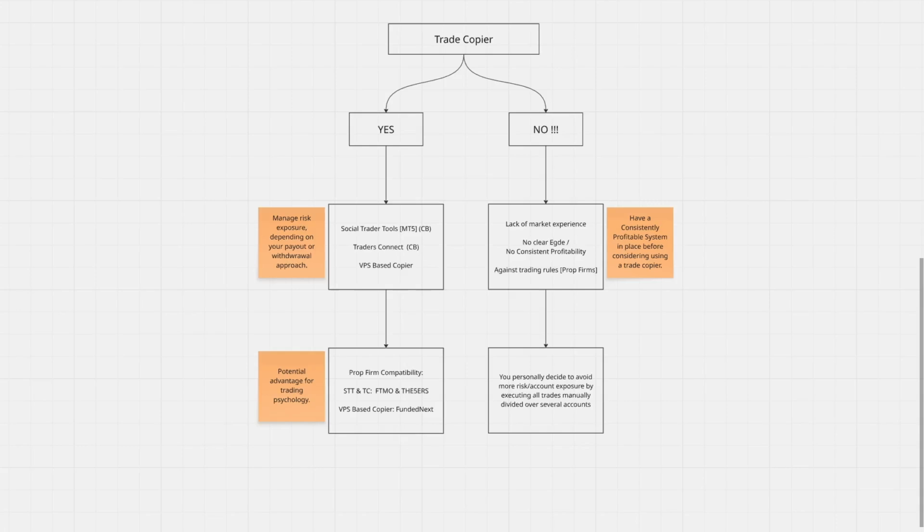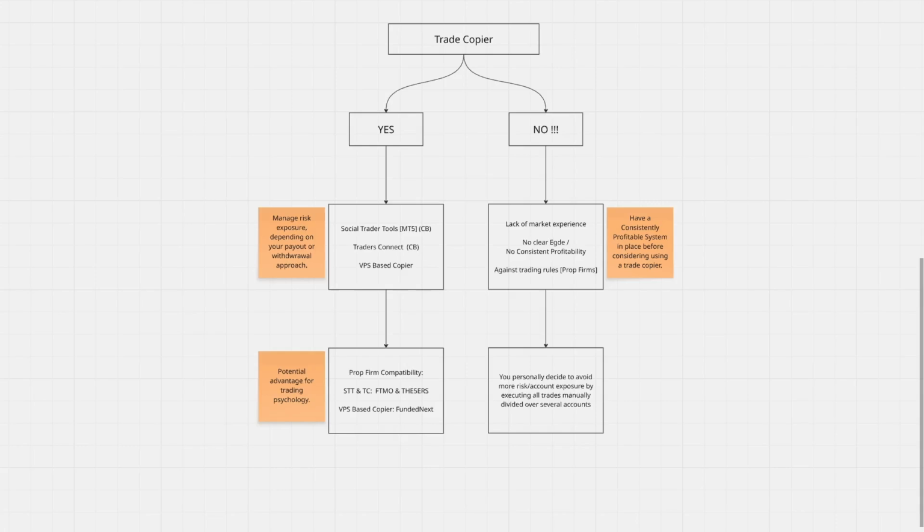As long as you can prove to FTMO or the Fivers that all accounts are owned by you, and you can show them the proof of the copier and the registration of your accounts, there can be no problems on their part.